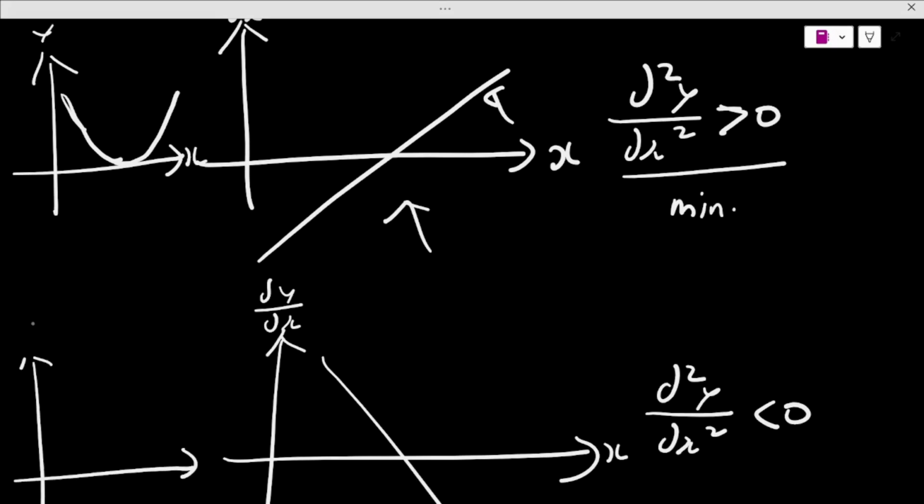To plot a graph of y against x, initially there is a positive gradient which starts to become less and less steep, until it reaches a point when it's 0, and then it starts decreasing again. So it gets more and more steep like that. This means that if d2y/dx squared is less than 0, this is a maximum point.